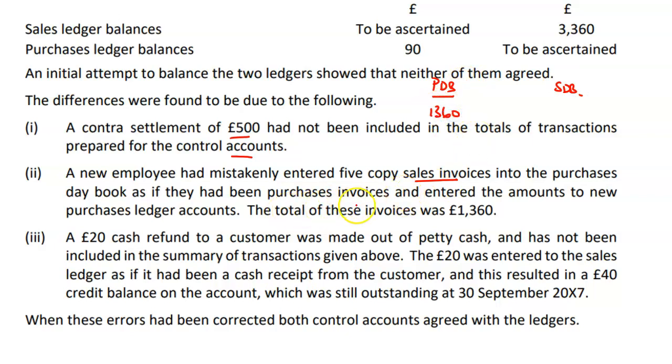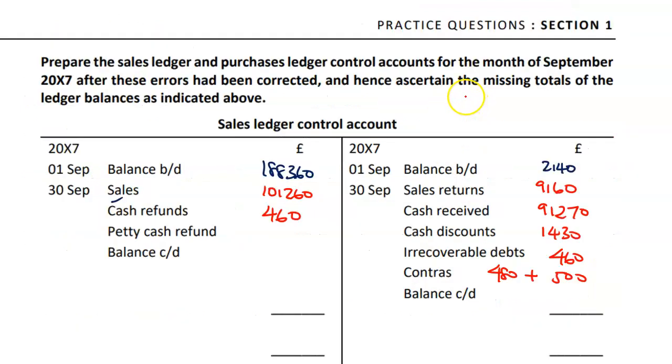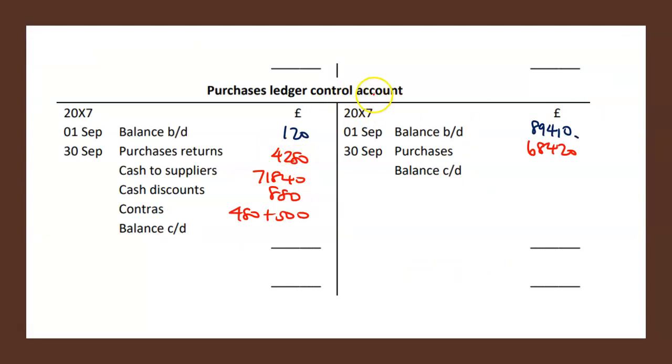It tells you the total amount, and it says that these amounts have been entered into new purchase ledger accounts. So you've also put them in your purchase ledger. As far as your control account is concerned, because you put them in your purchase daybook, your total has this 1360 in there. You've taken that into the purchase ledger control account.